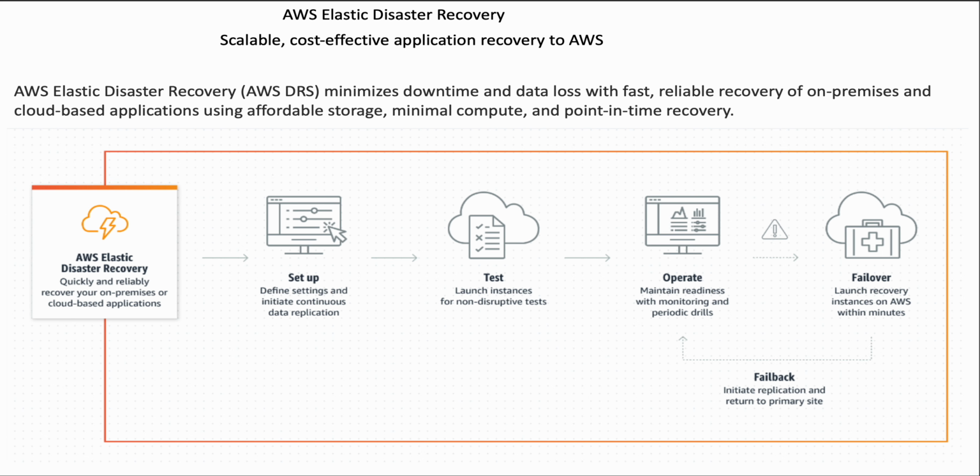In general, what AWS DRS, the disaster recovery service, is doing in the backend is this: we have to create a replication agent. That replication agent works as a medium between the source server and the DR environment and tries to replicate at whatever time interval we decide.